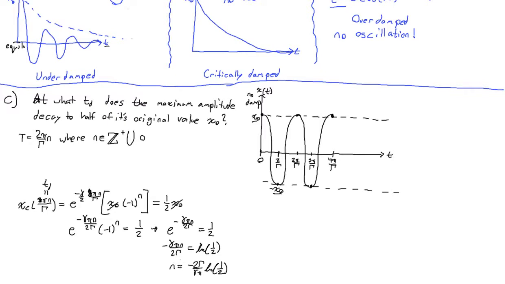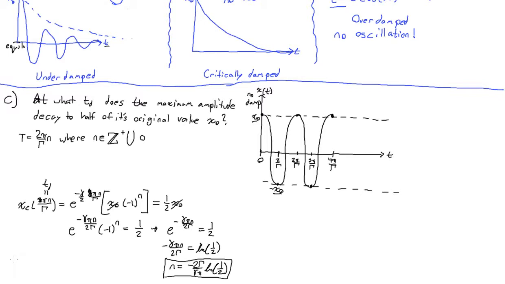So this is the n value, and basically you'd have to round this to an integer, because I can already tell you this is not going to be an integer. So you'd have to round this to an integer in order to find the time t sub d that it becomes 1/2 of the amplitude, right? So, and remember, we wanted to know the time t sub d. So this is it. This is good. So this is our n value, right?